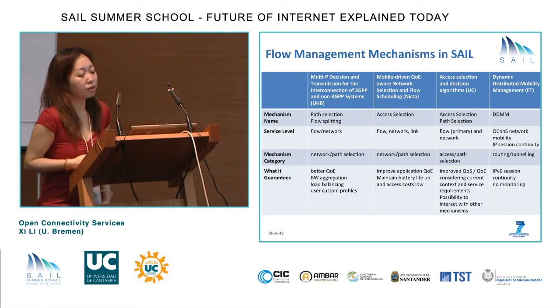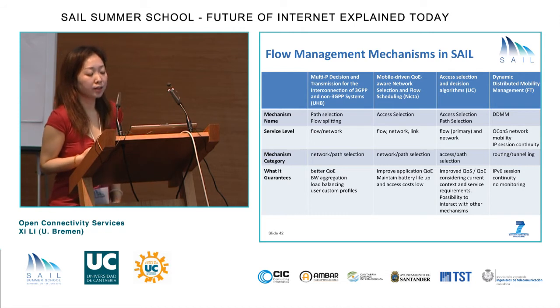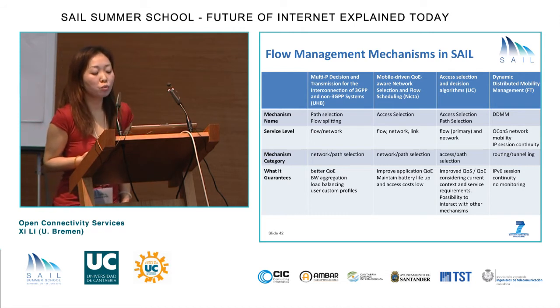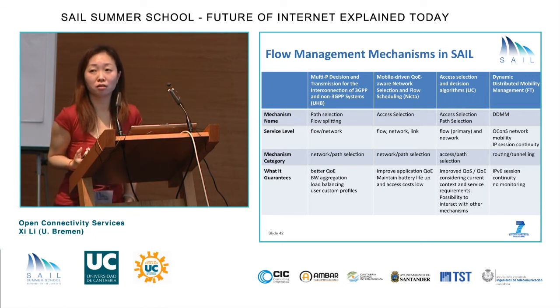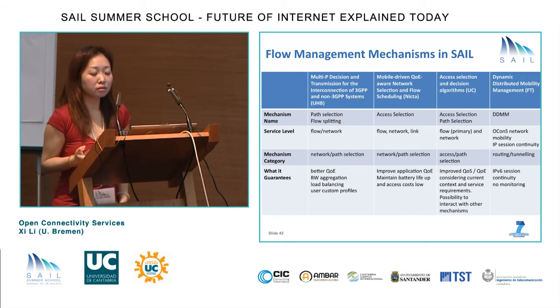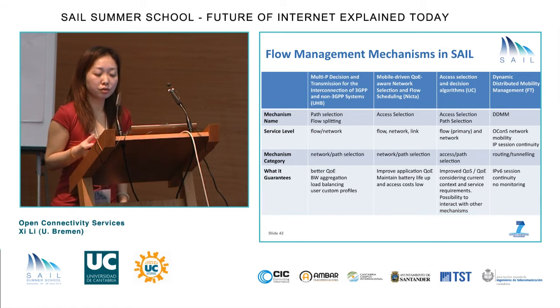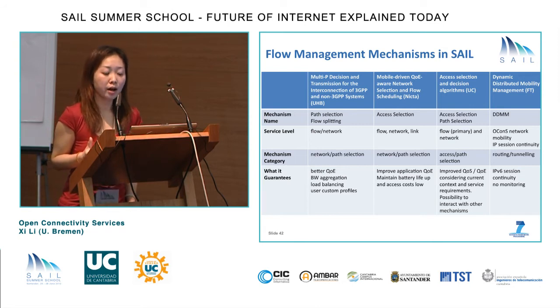The third one is called access selection and decision algorithm, which is mainly proposed by the University of Cantabria, by the group of Professor Raymond. They are proposing a flow management mechanism that considers how to select the access network and how we decide the path for transmitting certain application flows.